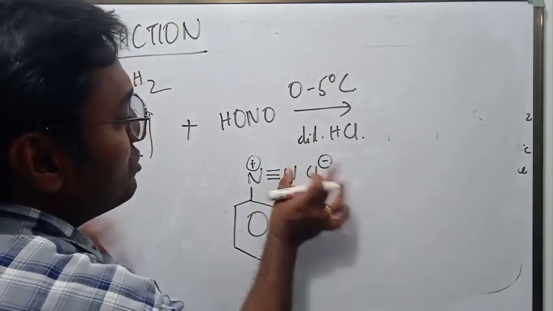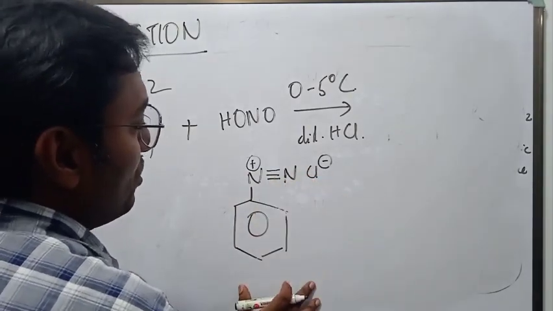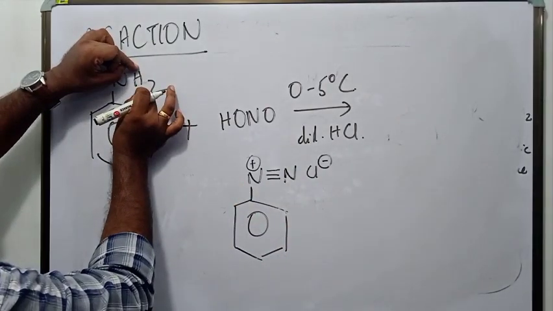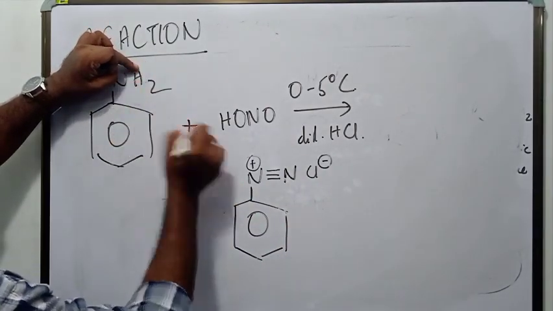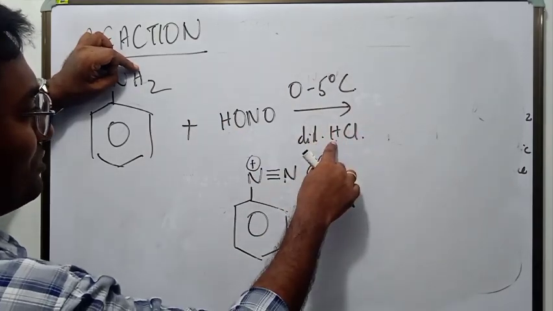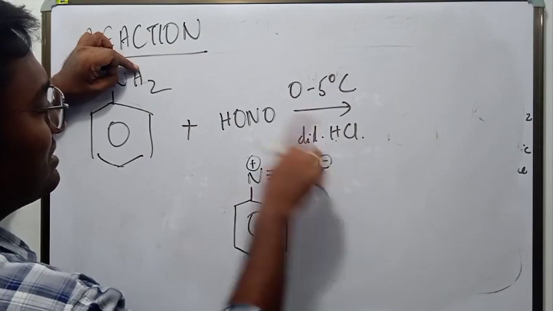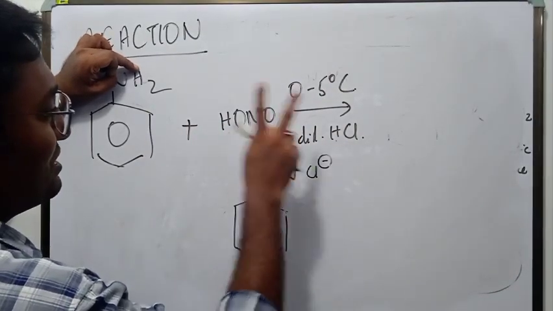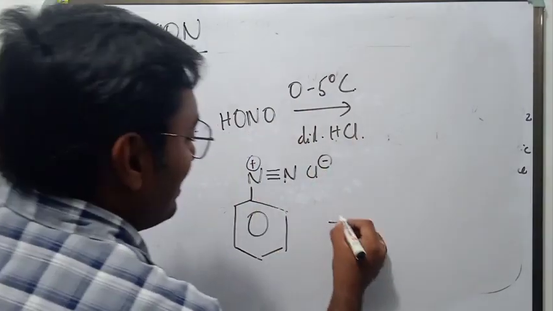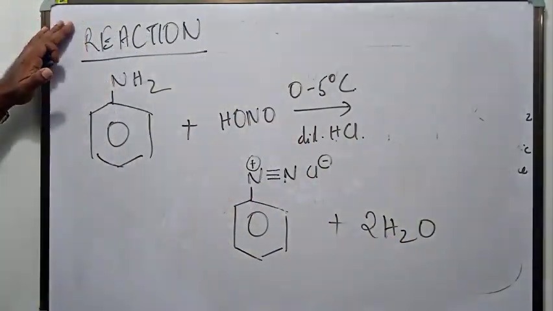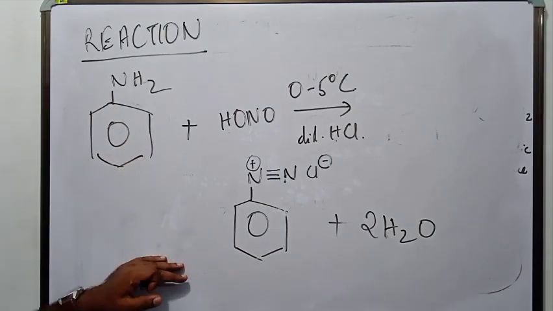Nothing else. There is no bonding between these two. So now you have written it. How many hydrogens were lost from here? 2. This is the third hydrogen and the fourth hydrogen is here. So in total there are 4 hydrogens. How many oxygens are there? 2 oxygens. So write 2H2O. So that is the reaction.